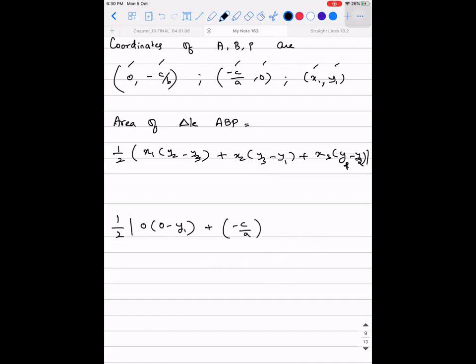Minus c by a into y3 minus y1, that is y1 plus c by b, plus x3 is x1 into y1 minus y2. I just took them in a cyclic order and I wrote it. Sorry, there is a mistake; it is y3 minus y1 and y1 minus y2. Now tell me, are you clear with this?